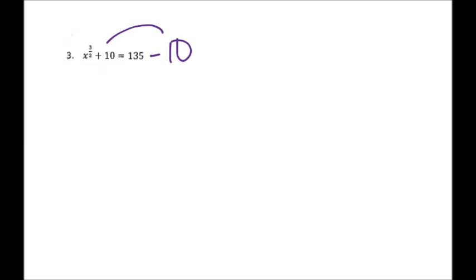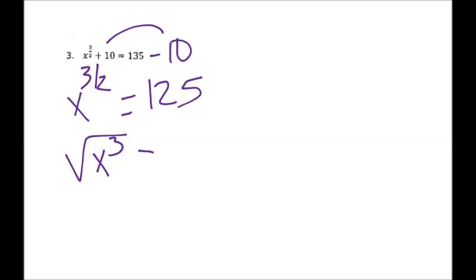Move your 10 and subtract it. X to the 3/2 is equal to 125. Rewrite this as the square root of x to the 3rd equals 125. You're going to cube both sides. No, you're not. You're going to have to square both sides. We're getting rid of the square root. So you're going to square both sides.